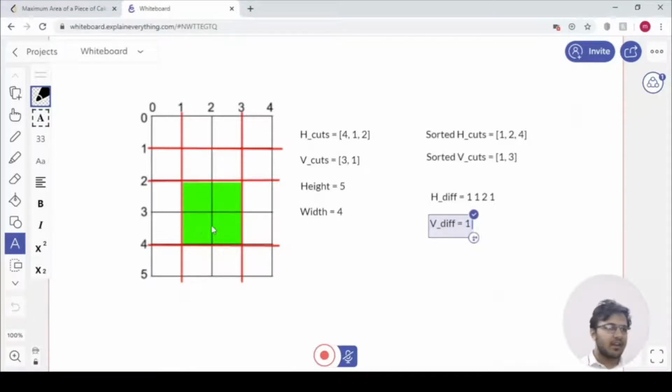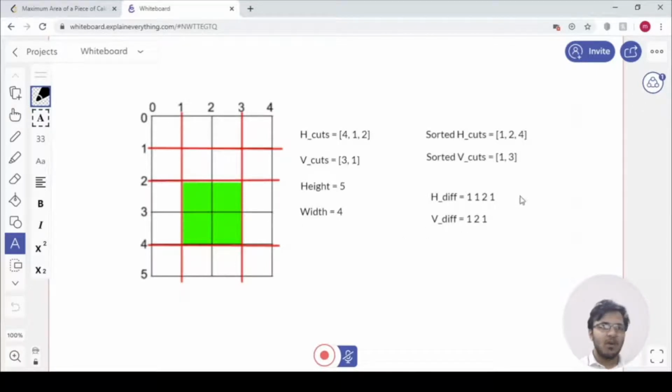Then the second difference would be between the two vertical cuts, that is 3 minus 1, so 2. And last will be the total width minus the last vertical cut, that is total width 4 minus this last vertical cut 3, so it would be 1. So if you look carefully, our answer is here, that this area is our answer.